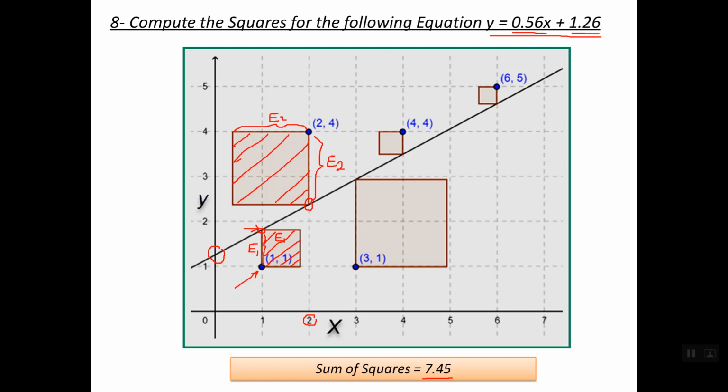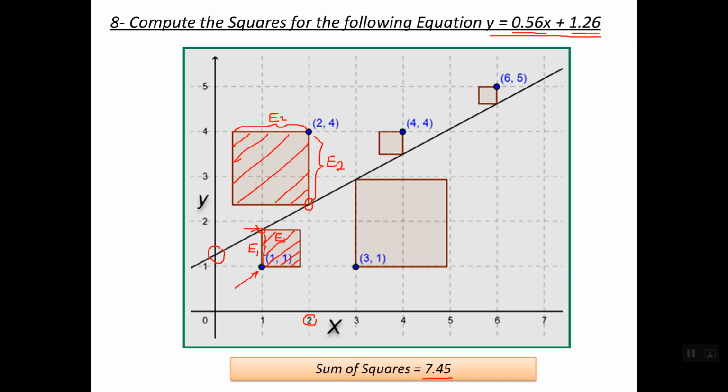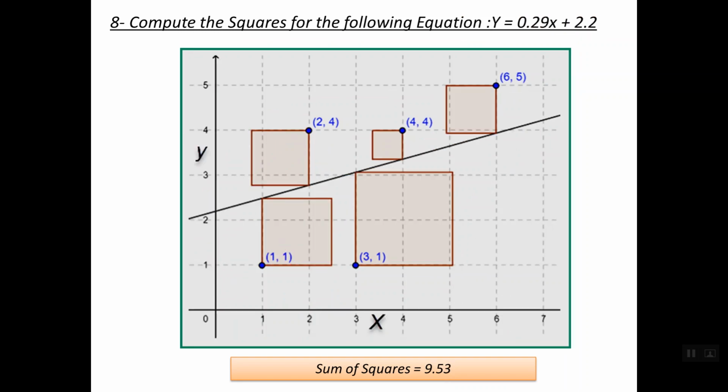See that this value of the sum of squares is greater than this value, which is calculated using the regression line. So if you try to change the formula of the line, you will have a sum of squares greater than the optimal one obtained by using the regression line.